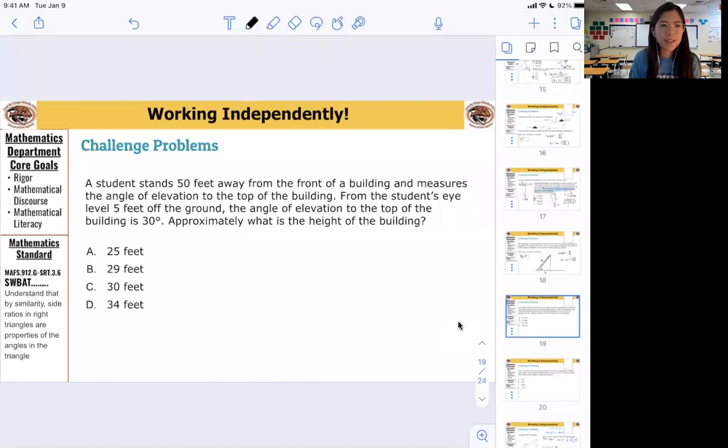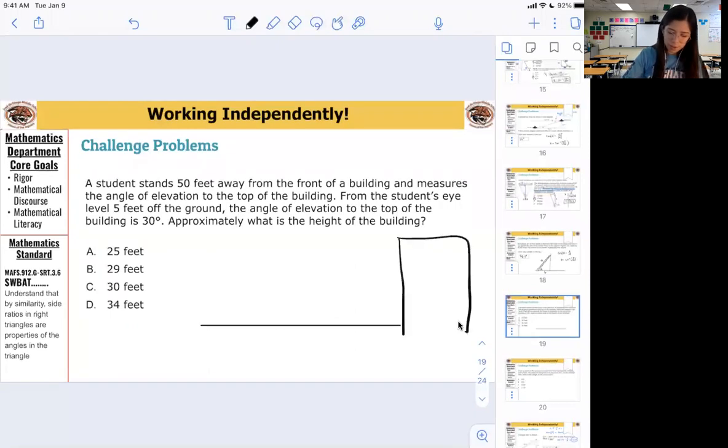Cool. Next one. I have 2 minutes. How fast can I do this? A student stands 50 feet away from the front of a building. So here's the building, here's my person, 50 feet away. The angle of elevation to the top of the building from the student's eye.